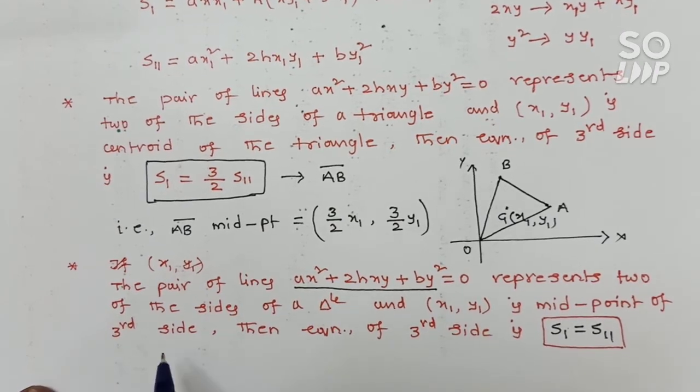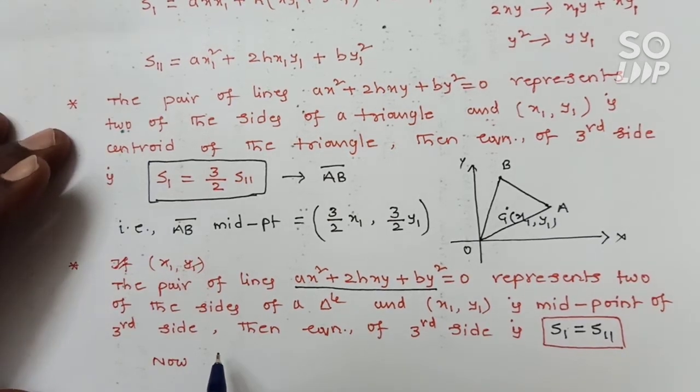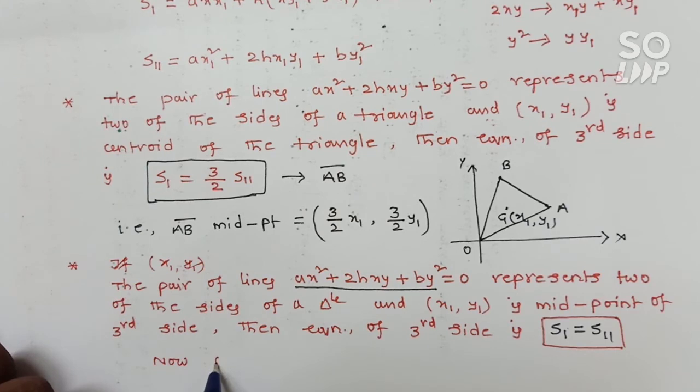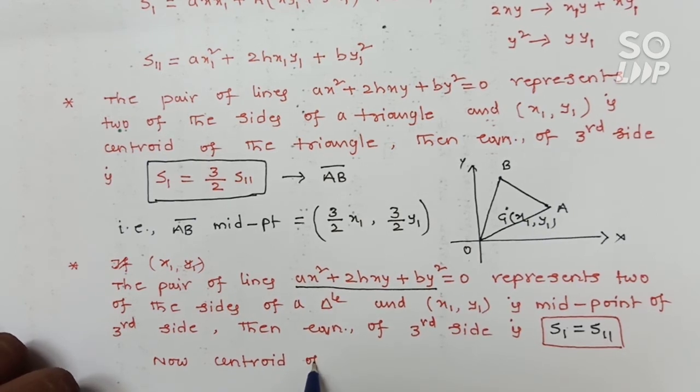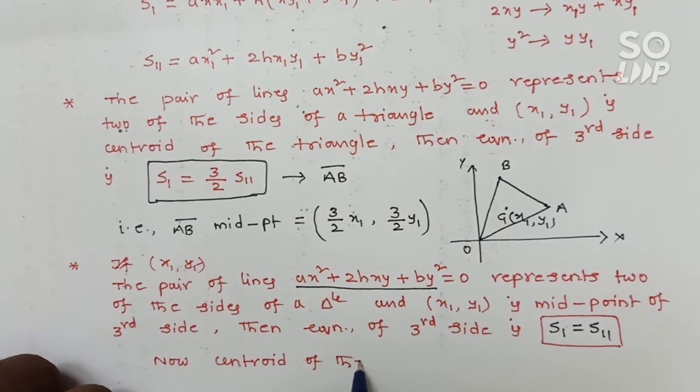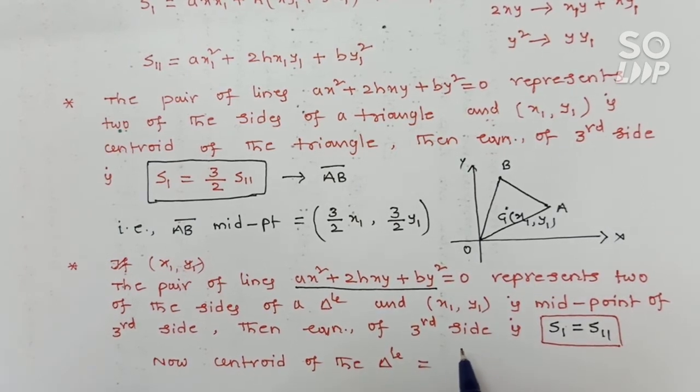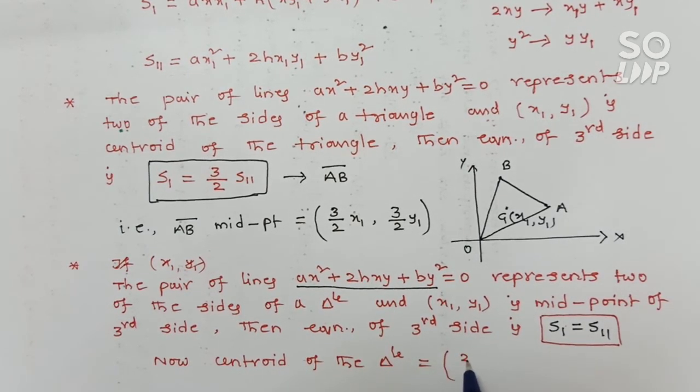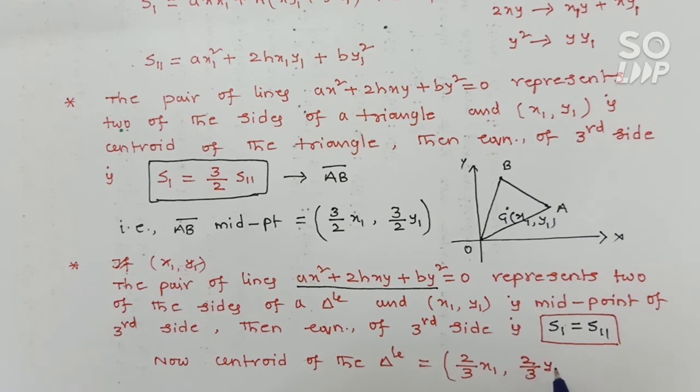The centroid of the triangle is equal to 2 by 3 into x1 comma 2 by 3 into y1.